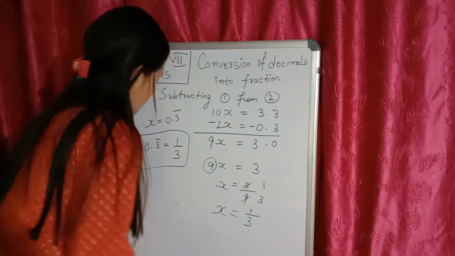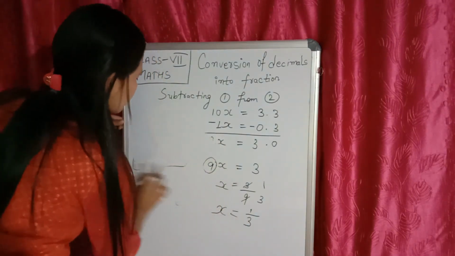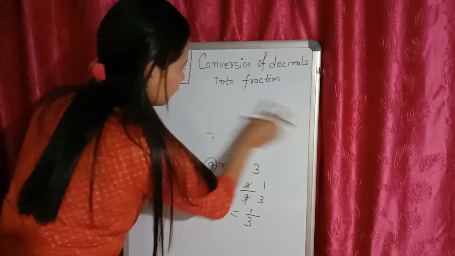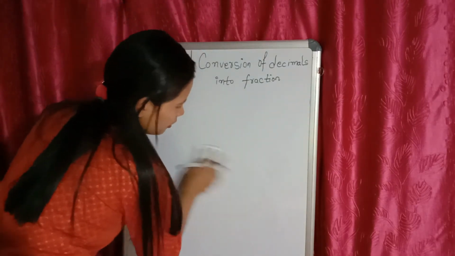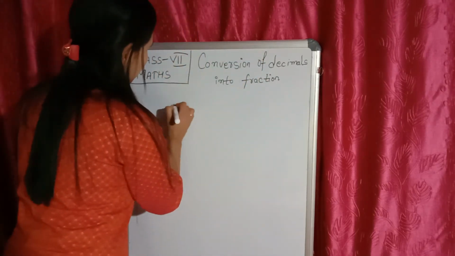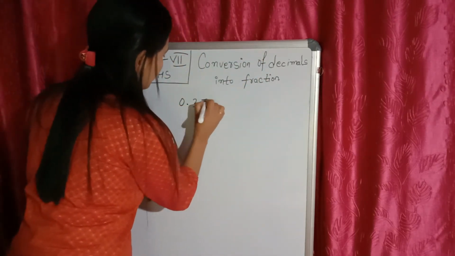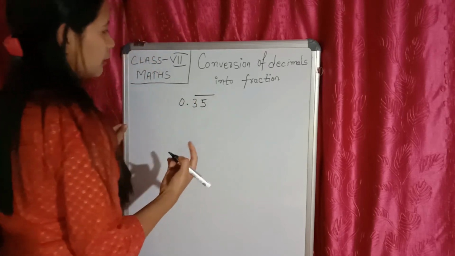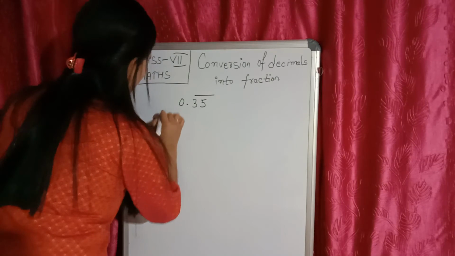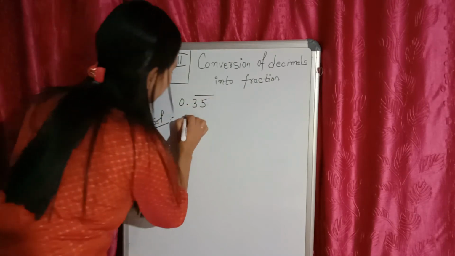Let me give you one more example. Suppose I have to convert 0.35 bar into a fraction. How did we start in the previous example? We assumed.